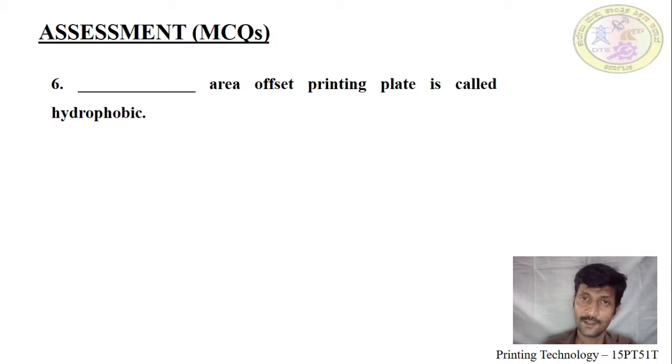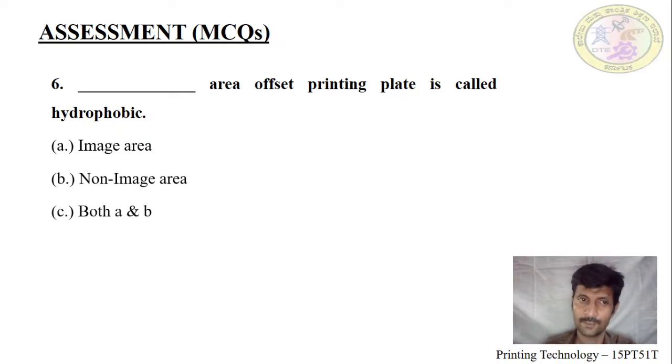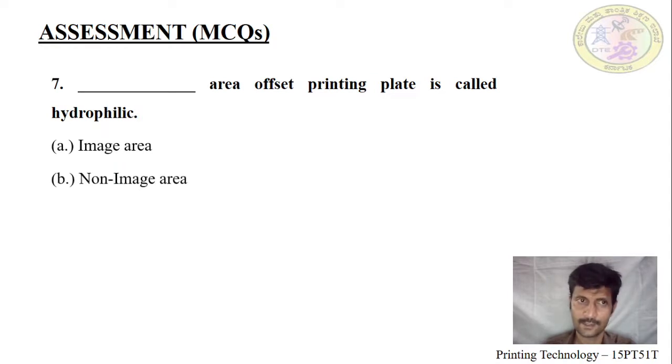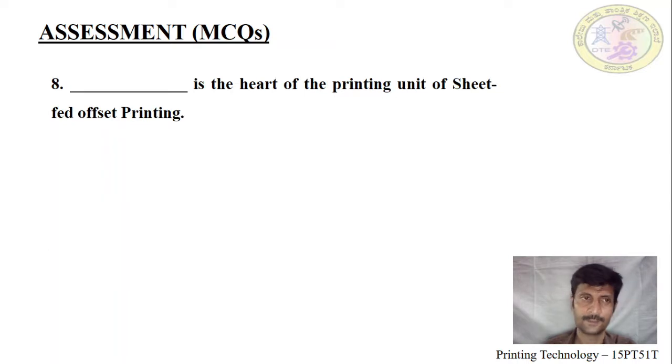Dash area of the offset printing plate is called hydrophobic, water repellent: image area, non-image area, both A and B, and none of the above. Next, dash area of the offset printing plate is called hydrophilic, which accepts the water: image area, non-image area, both A and B, or none of the above.